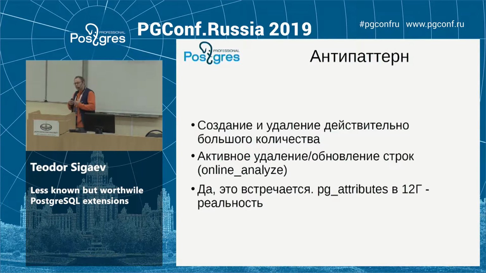Creating a big number of tables and removing these tables is not quite good, because you overload the pg_class and pg_attribute catalogs, and we saw clients where pg_attribute contained 12 gigs. Analyze and vacuum should come. Specific installations were done.